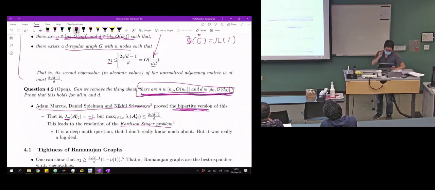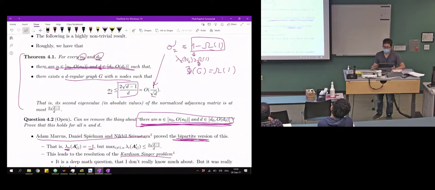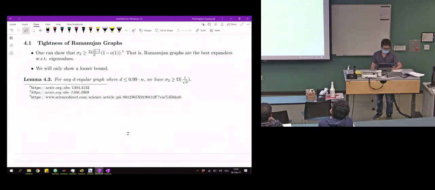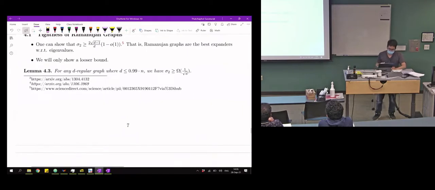can this be smaller for every d? Can there exist a theorem which says that this is actually something like this? Now it turns out that it is impossible to prove something like that because of this theorem.